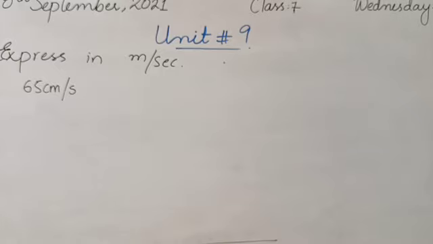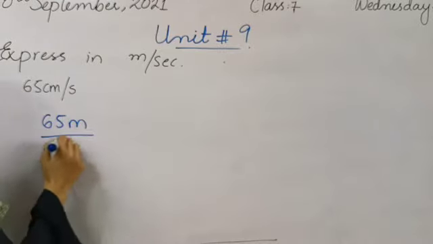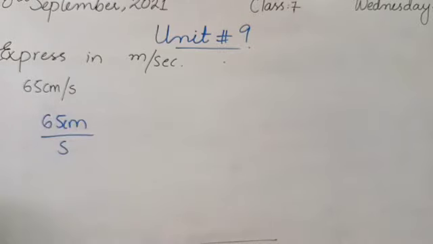This is the same question as we did yesterday. Exercise 9D, question number 3. So we have 65 centimeter per second, and we want to convert this centimeter into meter.